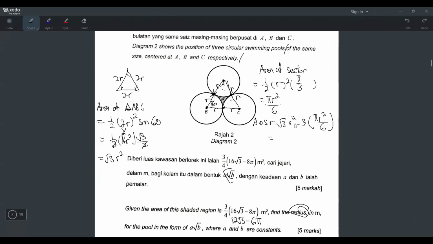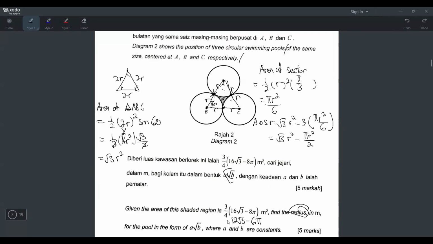When you do that, you get the shaded region area. This one can cancel, and you'll be left with pi r square over 2. So the answer is square root 3 r square minus pi r square over 2.